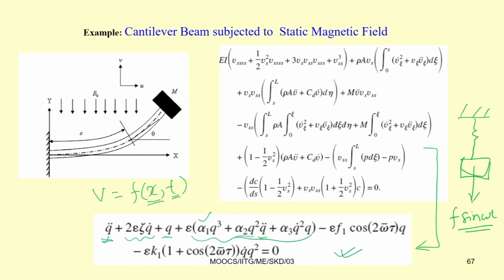This term is known as the inertia nonlinear term, and here also you have a term q dot square. So, q dot into q dot, multiplication of two velocity terms, can give rise to acceleration. For example, in the case of the Coriolis component, if you have a link and in the link you have a slider, and the link is moving with angular velocity omega and the slider is moving with v, then the Coriolis acceleration is equal to 2v omega.